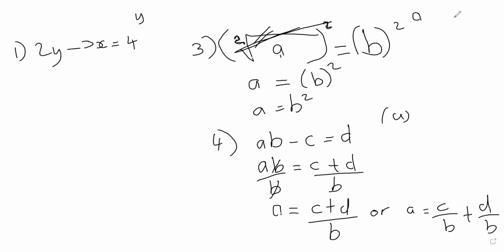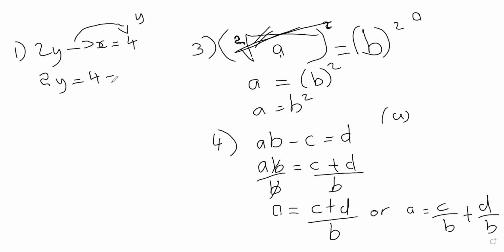Okay. So we are dealing with changing the subject of the formula, whereby we have 9 different equations on how to change the subject of the formula. So our first one was 2y minus 3x is equal to 4, where we needed to make y the subject of the formula. So we said first things first, you need to move anything that is not dealing with y to the other side. So you have 2y is equal to, when a -3 moves to the other side, it becomes a positive.